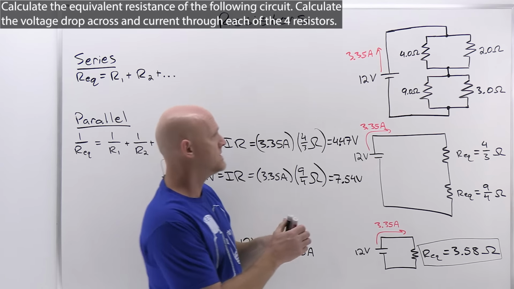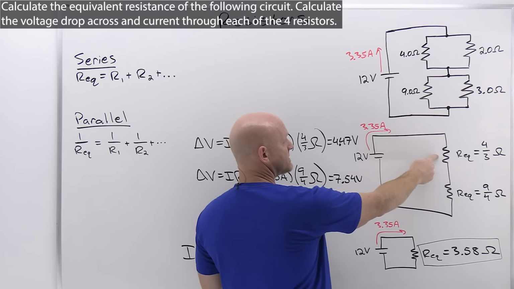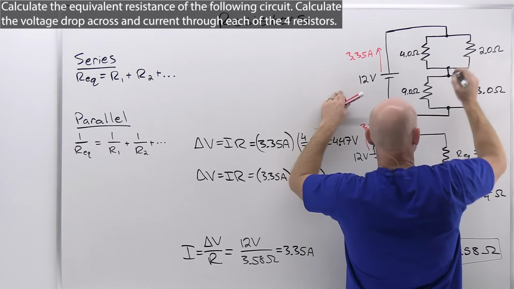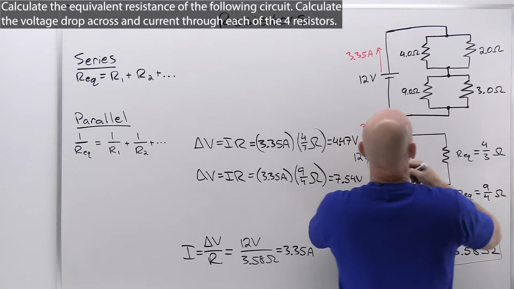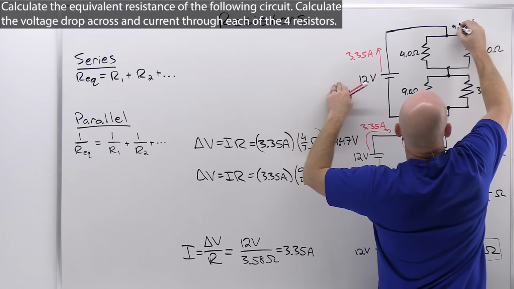But what we do know is that if this is a 4.47 volt drop across this equivalent resistance right here, what that means is that from this junction to this junction, that's what corresponds to the 4.47 volt drop.